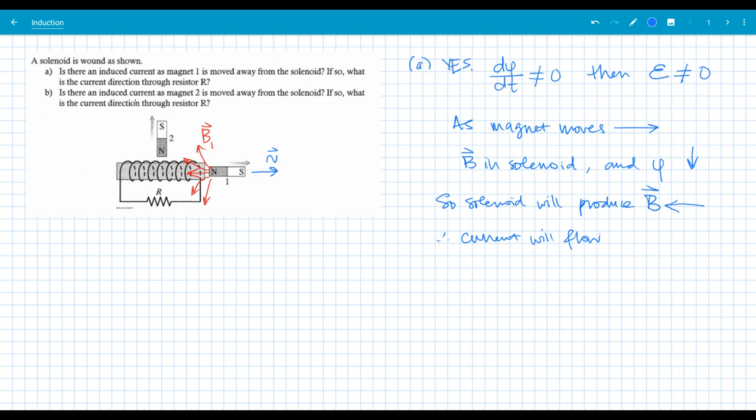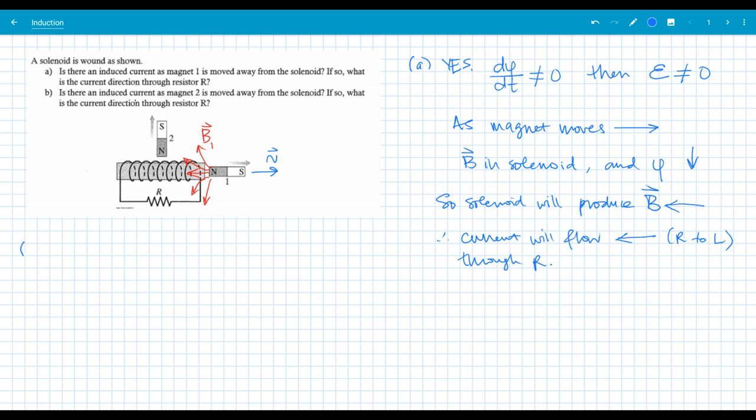The current has to go up the front of the coils and down the back of the coils. If you do that with your right hand, your thumb will point to the left, which is the B field due to the solenoid. So the current has to flow from right to left through R. We figured that out. Let's go on to part B.